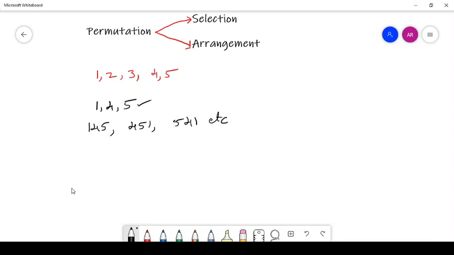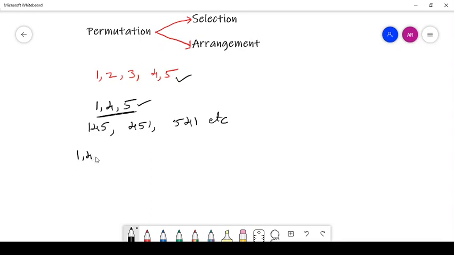But in combination, forming a set with 3 elements using the digits 1, 2, 3, 4, 5 is a combination. This involves only one step, that is, selection of 3 elements. For example, here also 145. We are selecting 3 digits 1, 4, 5.